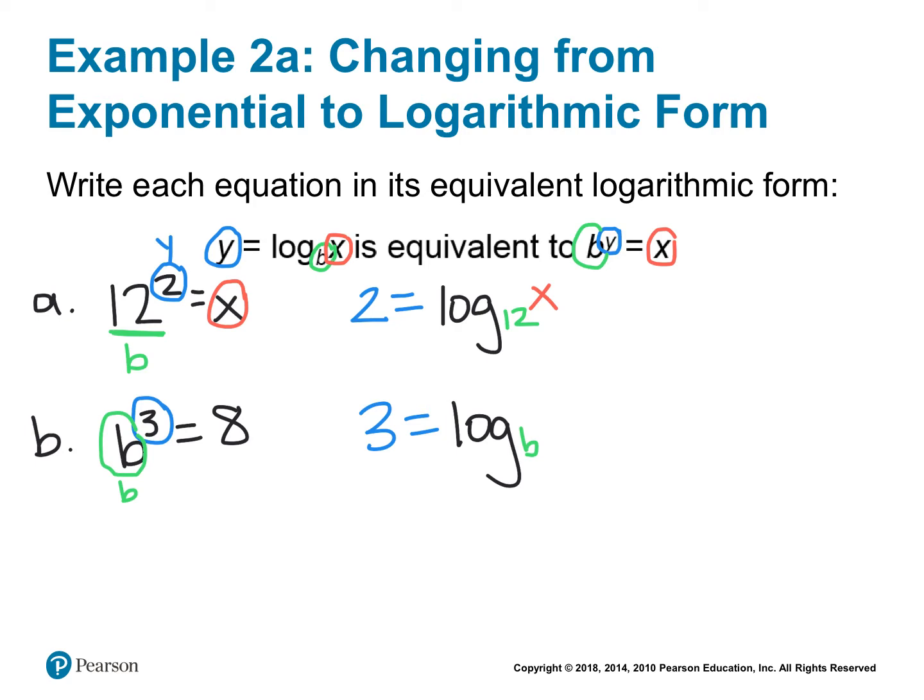Then our x is whatever's behind the log. So here's our x. Sorry, just an 8, not an equal sign. There we go. So 3 equals log of b with an 8 at the end.